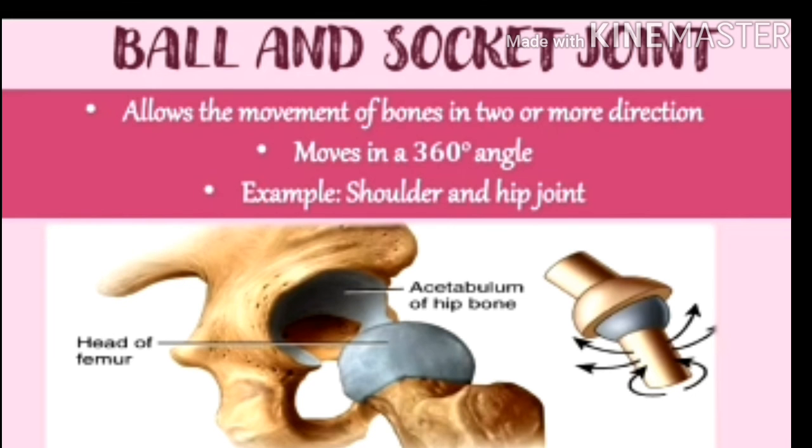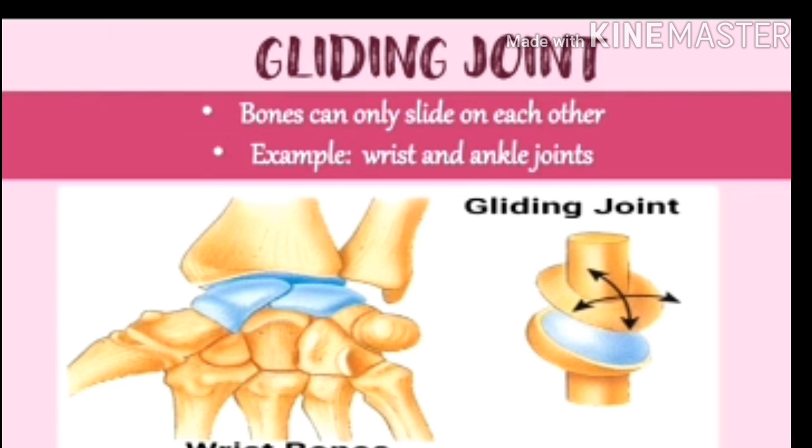The next type of movable joint is the gliding joint. In this type of joint, the bones can only slide over each other. For example, the wrist and ankle joint. You can observe yourself as you rotate your wrist. What will happen?